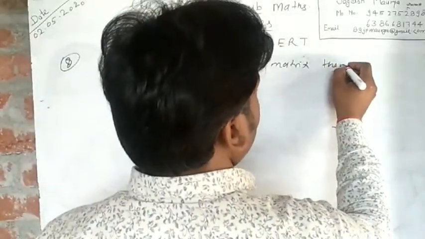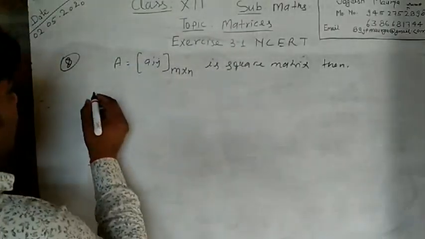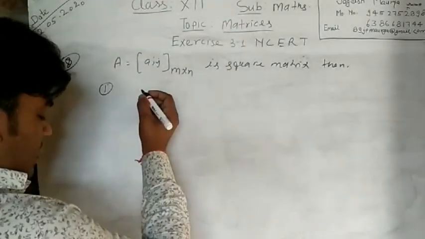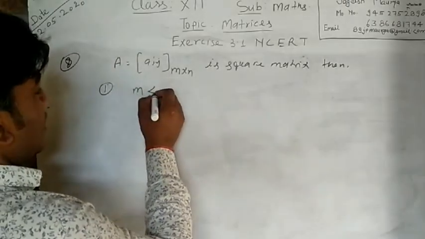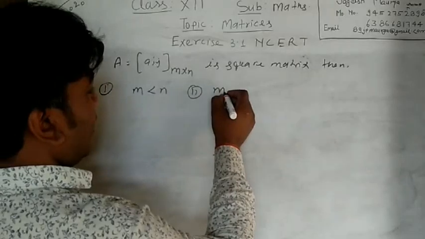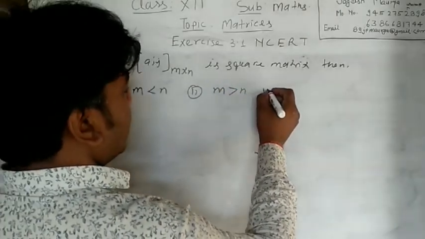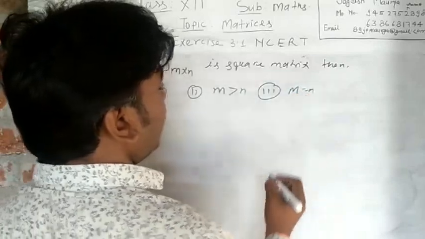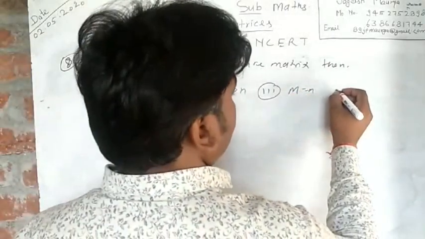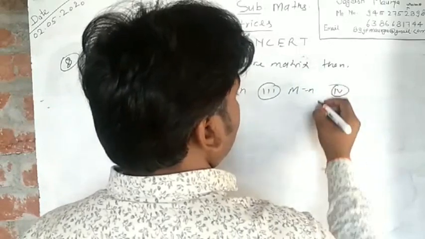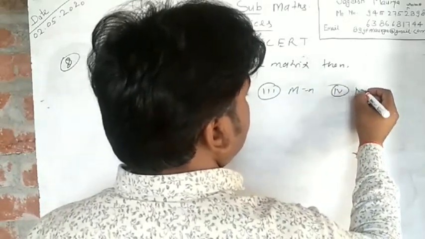Then there are 4 options given. First option, m less than n. Second option, m greater than n. Third option, m equal to n. And fourth option, none of these.